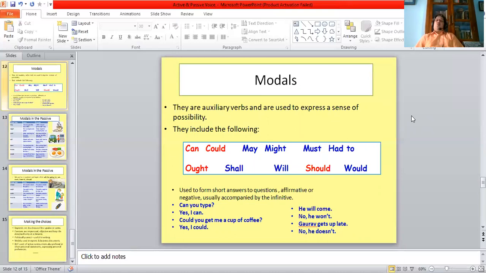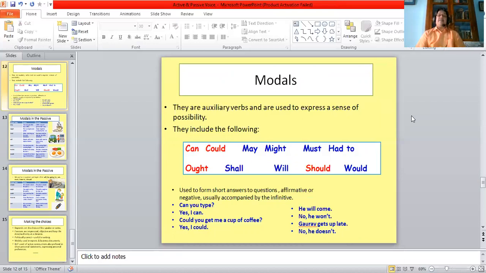Now, what about the use of modals in the passive voice? How is that done? Now, modals are really auxiliary verbs and they are used to express a sense of possibility. They would include the following: can, could, ought, may, might, shall, will, must, had to, should, and would. Now, they are used to form short answers to questions, affirmative or negative, usually accompanied by the infinitive.